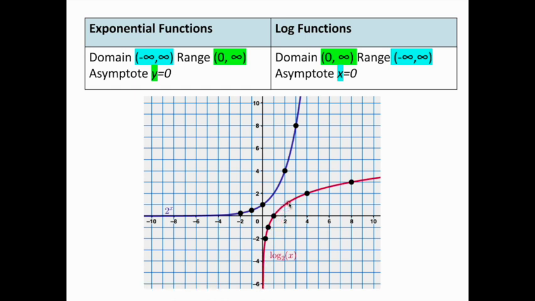And even though it increases slowly, it's still increasing. So it's going to go to positive infinity in the vertical direction. So my range is going to be from minus infinity to infinity, which means the domain of the exponential function is going to be from minus infinity to infinity.